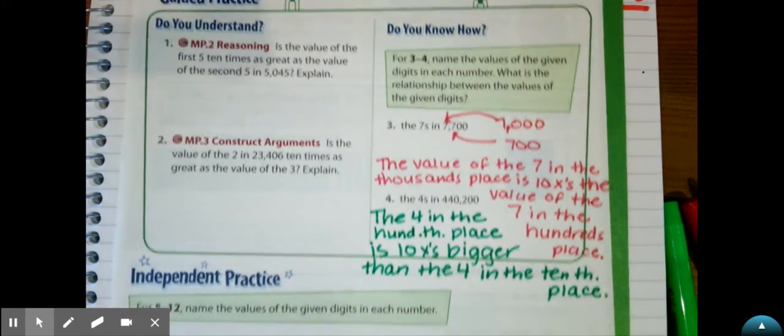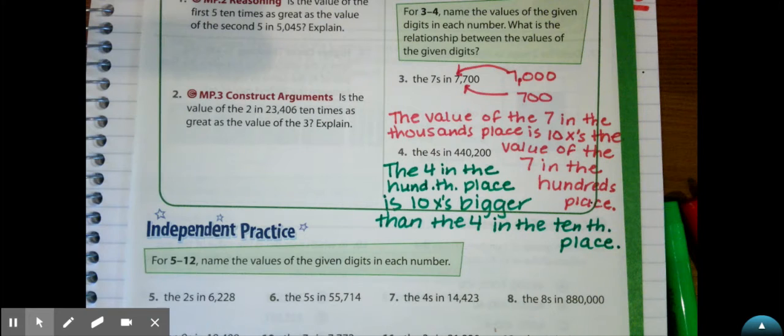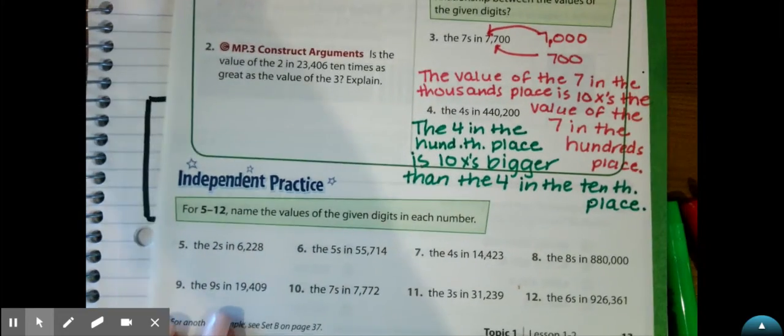And there we have it. So a lot of writing. Pause that video if you need to, but that is what we need to be writing here when we're explaining the relationships. So let's do a few others.